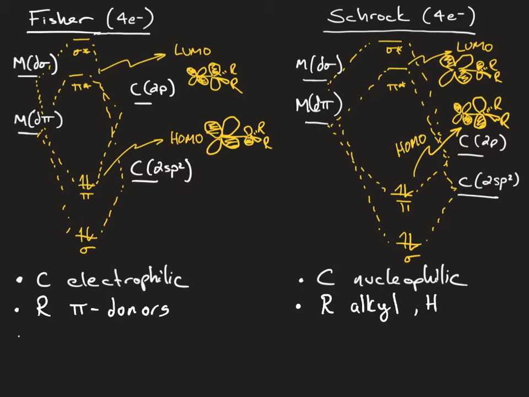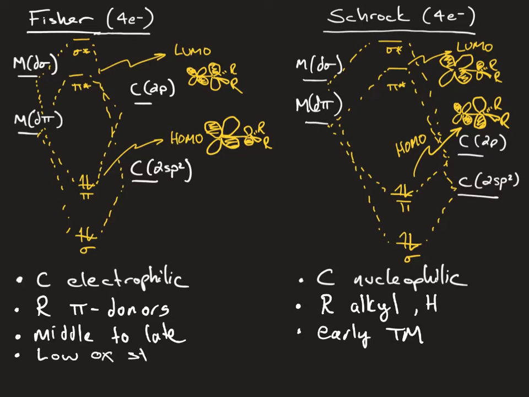If we look at the metals, then for Fischer-type carbenes, these are typically middle to late transition metals, while Schrock-type carbenes are typically made up of early transition metals. The metals are typically in low oxidation states for Fischer-type carbenes and high oxidation states for Schrock-type carbenes.